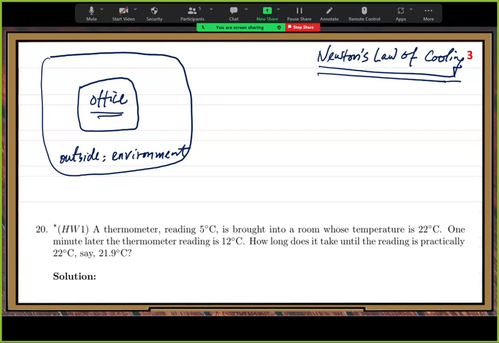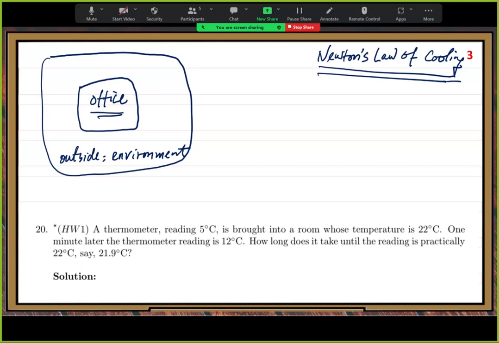So we have some small area. The office is a small area, right? Its temperature has a significant difference from its outside environment temperature. That's the situation. Then, in Newton's law of cooling, when we say environment, it is something big. Something small, can you call it the environment? We do not. Some ice box, whatever, some small box that is not large enough, we cannot treat as the environment.